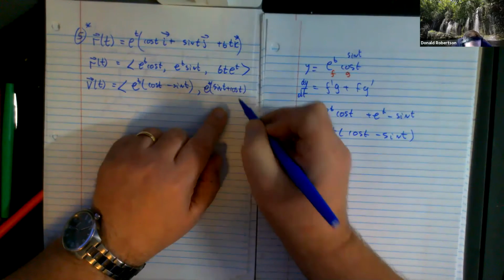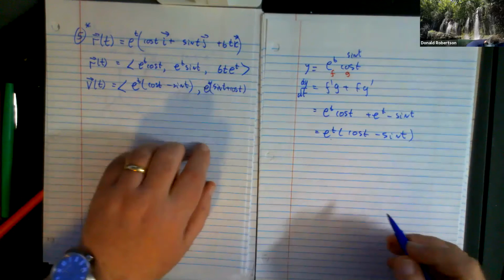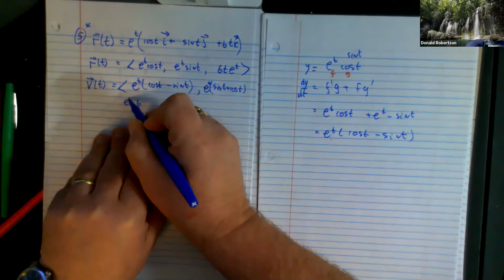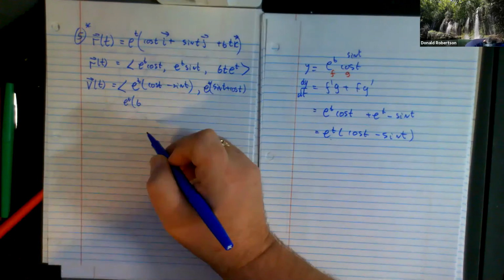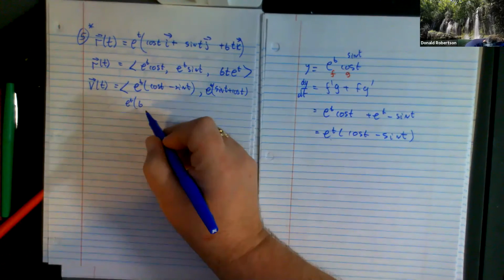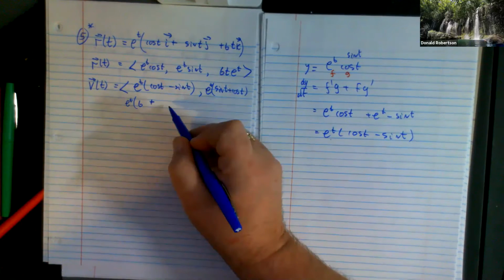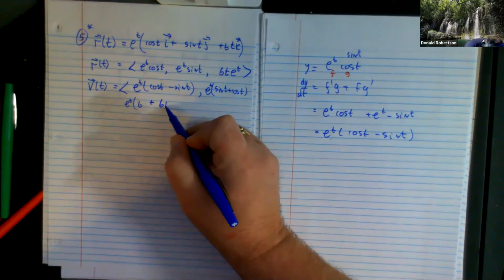And when you do the last one, you're going to get an e to the t, and then you're going to get an f dash, so you're going to get 6 plus e6t. Okay.